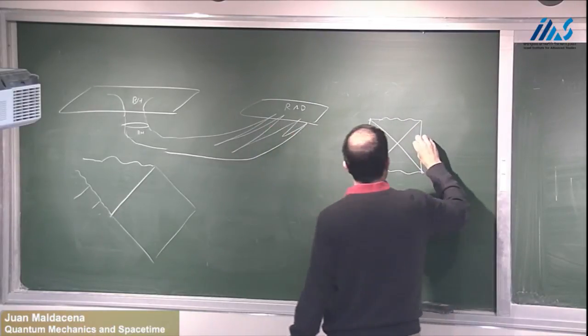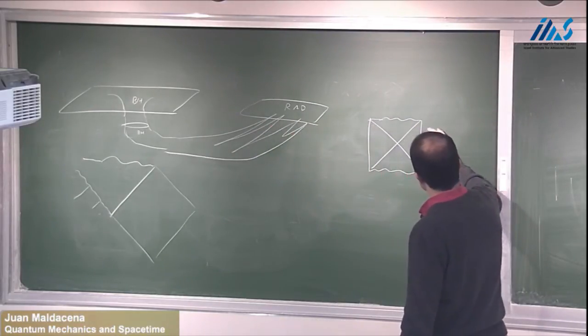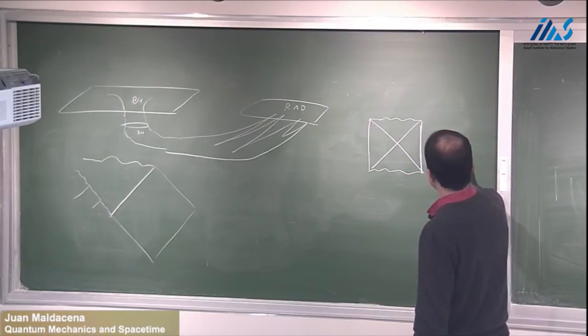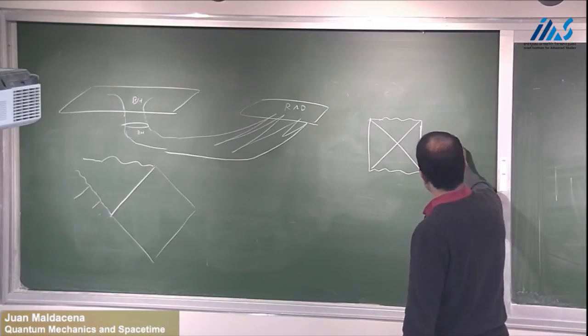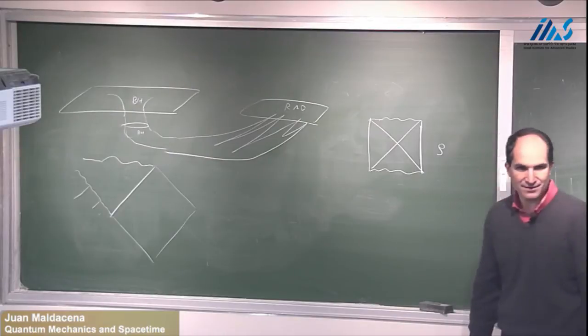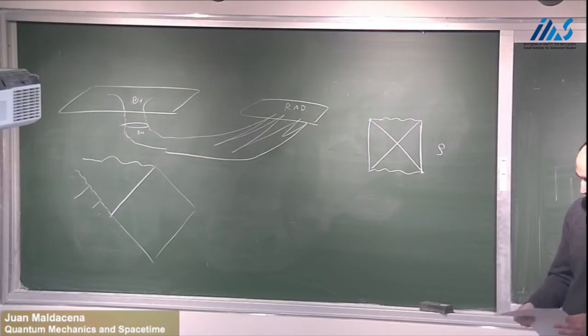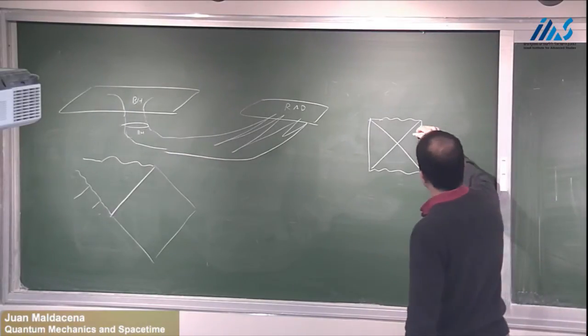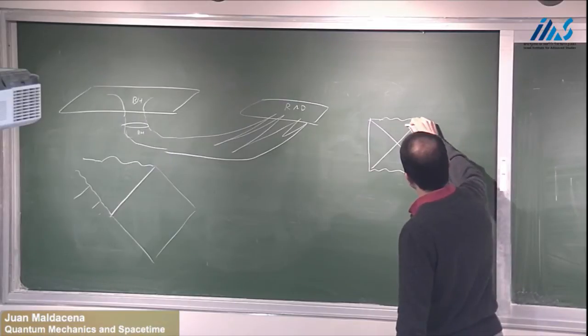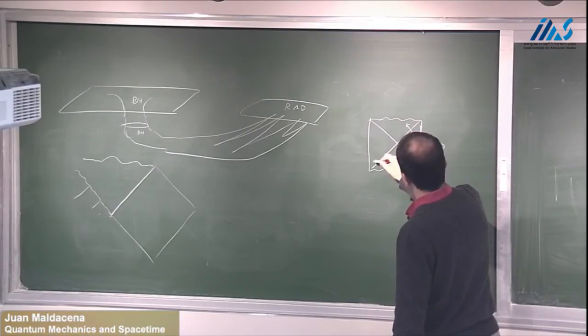So here you have some black hole, and from the point of view of the exterior, the black hole is completely determined by its density matrix. Now, when you fall in, what you see depends on what this other side sends you.